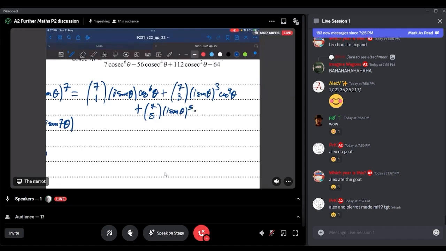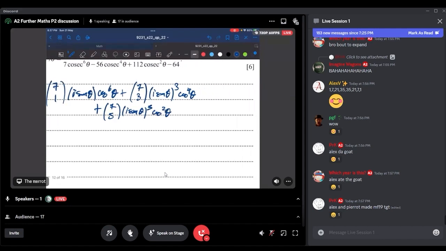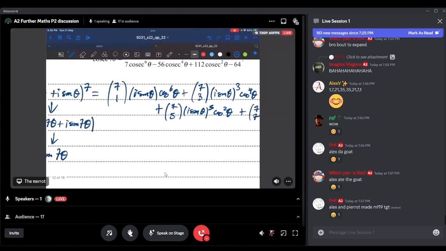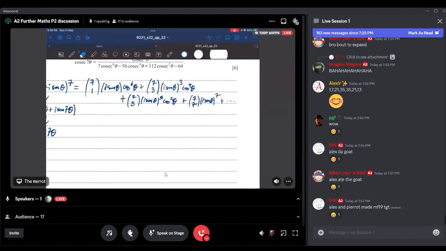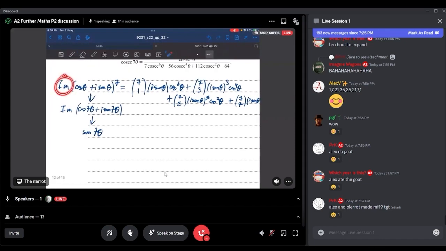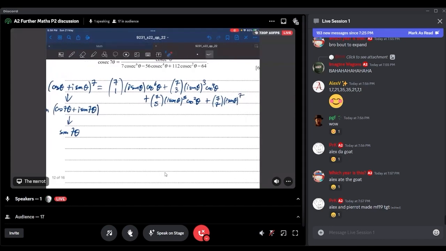And finally, 7 choose 7, plus all the other junk terms that we don't care about. Actually, we don't have to write this because we already said take the imaginary part later.